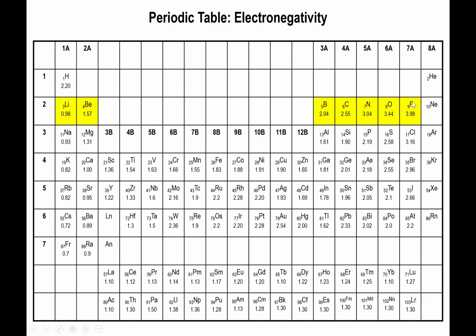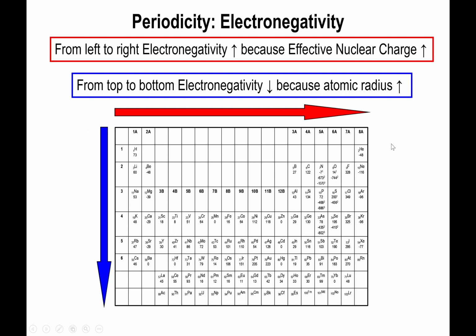And by the time you get to the halogens, you reach some of the highest values. Specifically, fluorine is the highest value in electronegativity. And that means that fluorine is very prone at taking electrons away from any other atom. Oxygen is kind of second on that list. And the reason that's happening is because the effective nuclear charge is increasing as we go from left to right.